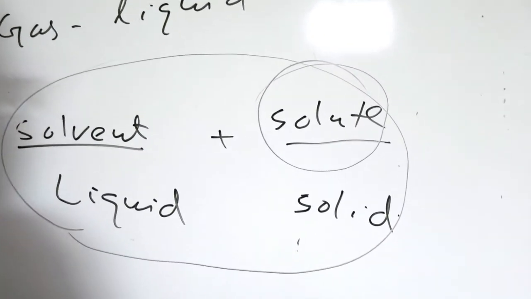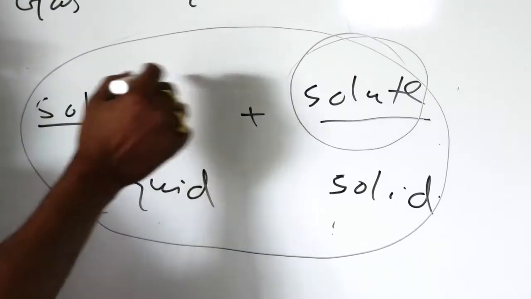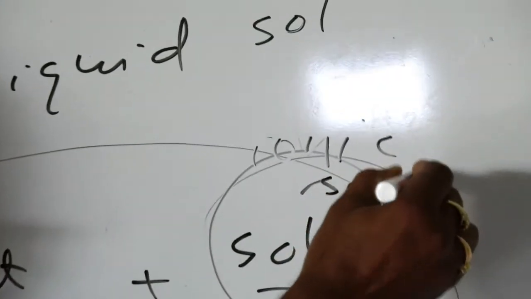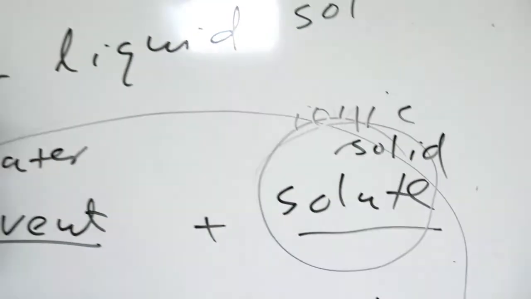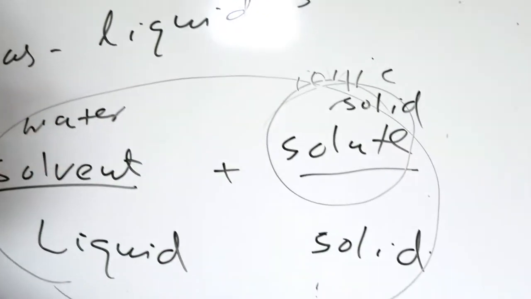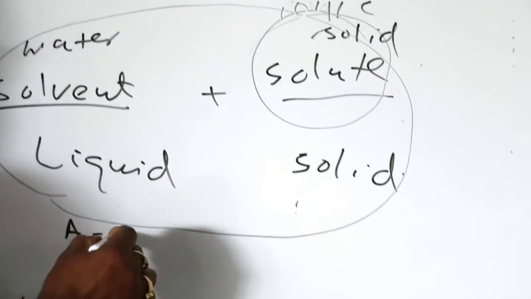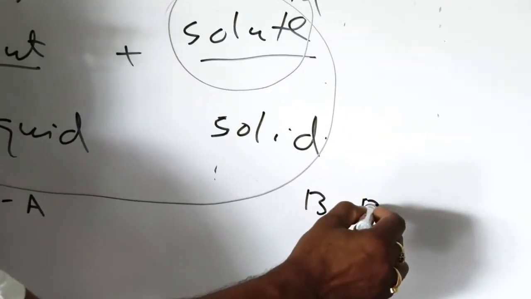means the solute will be mostly ionic solid. We know ionic solids are generally soluble in water, and let's say this is the ionic solid, and it is, let's say, water. So when we are considering the solution between the two, we have to consider the solvent-solvent interaction as well as the ion-ion interaction.